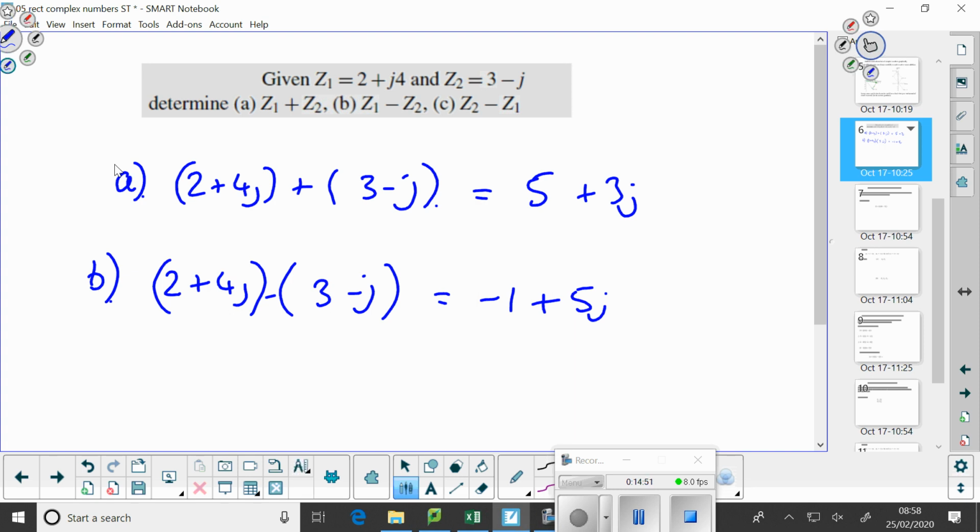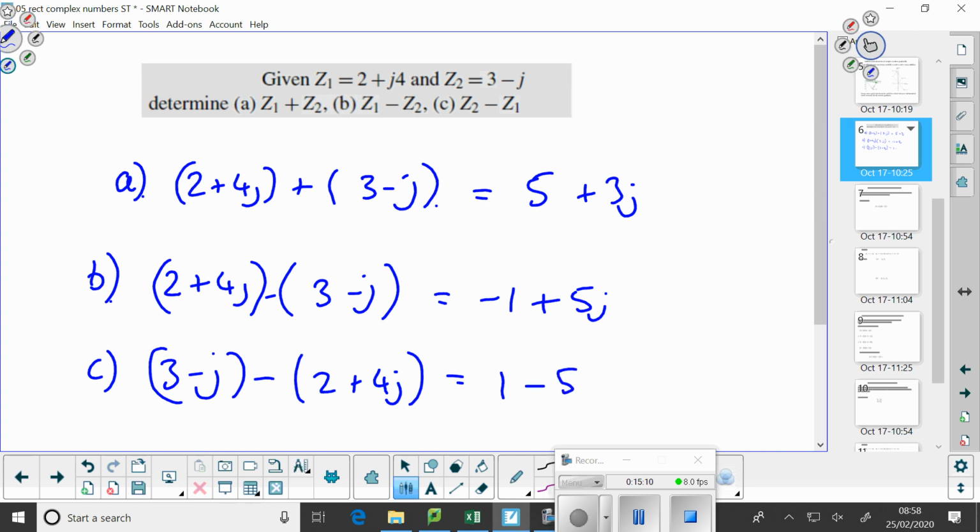And then the last one, C, which is 3 minus j minus 2 plus 4j, 3 minus 2 is 1, minus j minus 4j, minus 5j.